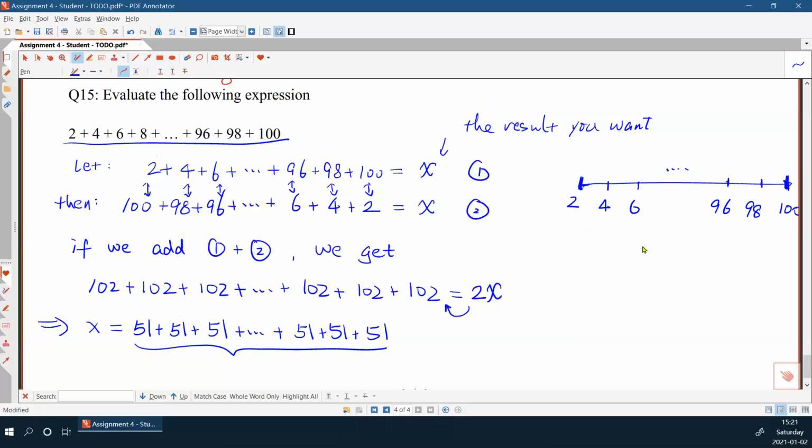Okay, total number of terms, we can use 100 minus 2. This is a length, right? This is total length. And use this number divided by the gap. This is your total gaps, right? Total number of gaps is here.